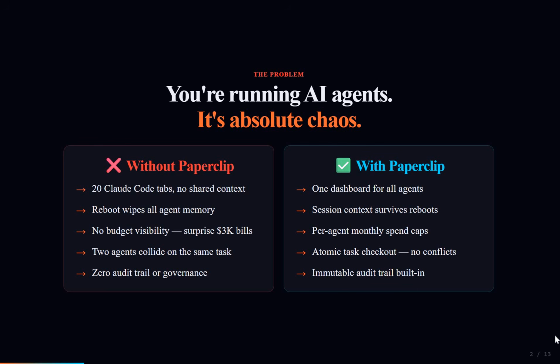What Paperclip gives you is one dashboard for everything. You have session context that persists across reboots, per-agent monthly spend caps, atomic task checkout so agents never collide, and an immutable audit trail baked in. So that's the gap Paperclip fills.